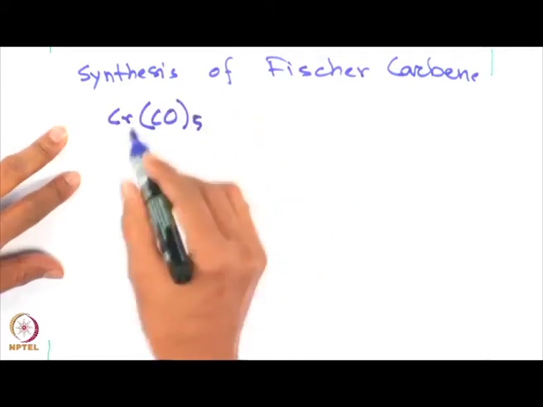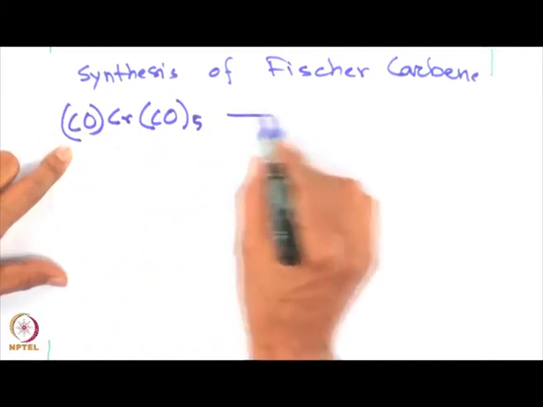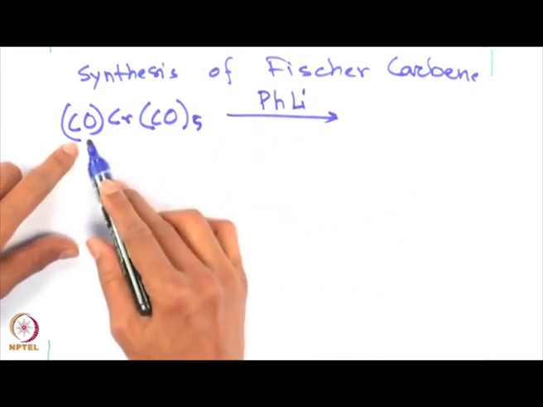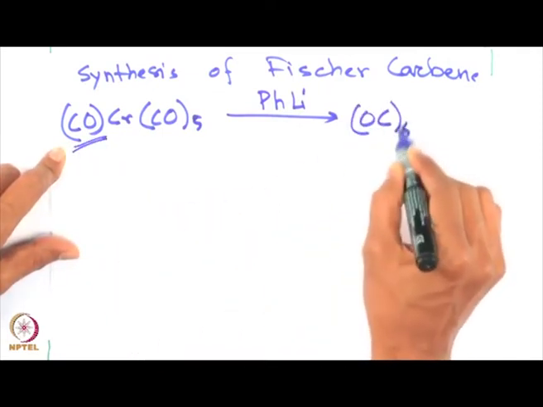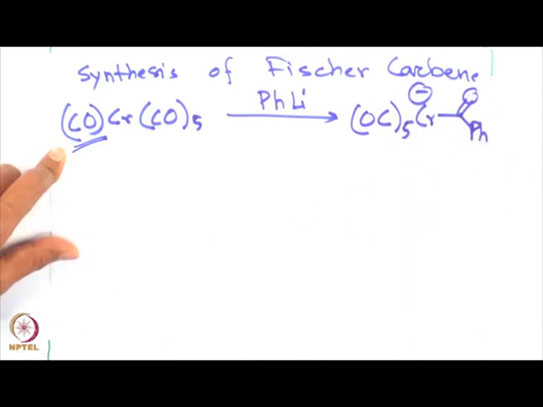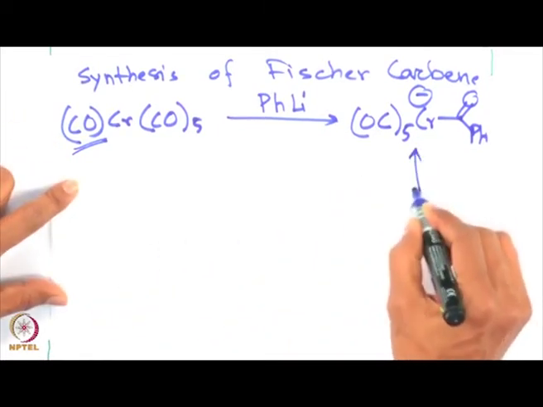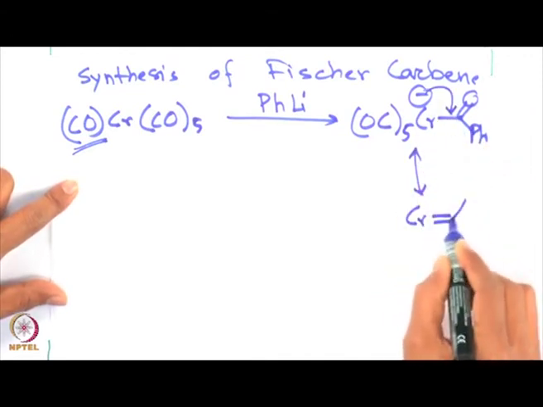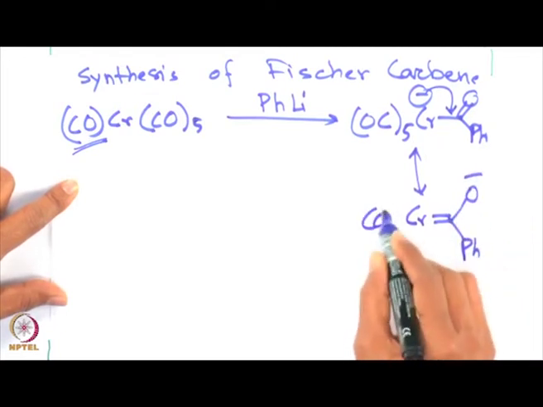We have, let us say, one carbon monoxide we are putting on the outside. Now, phenyl lithium will react with one of those carbonyl centers to give you a Cr(CO)5 phenyl species. This is the usual carbene you can think of, chromium double bond, O minus, phenyl species.